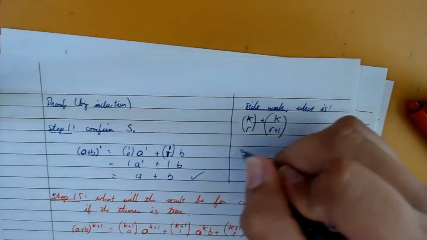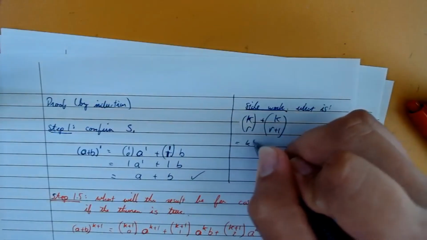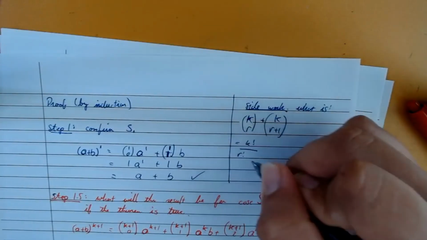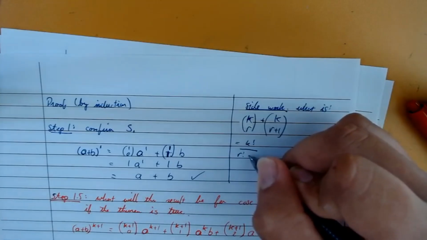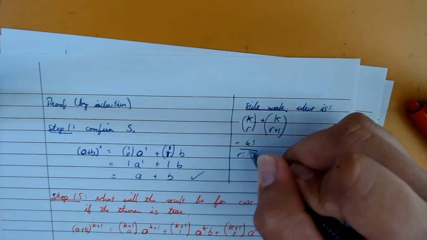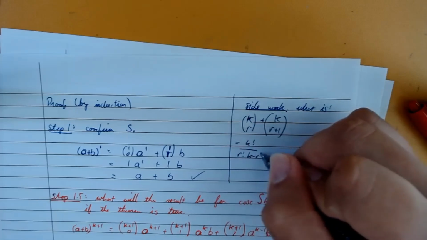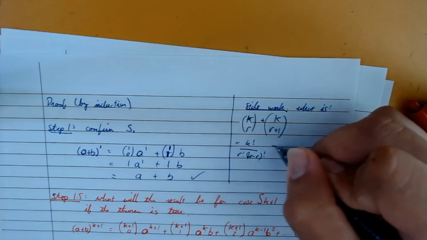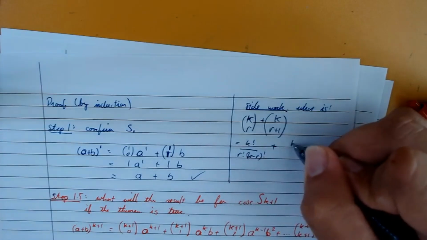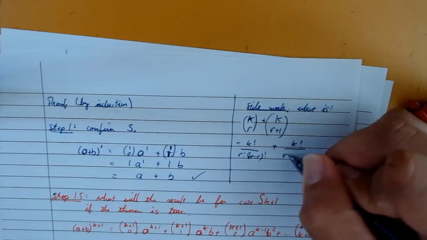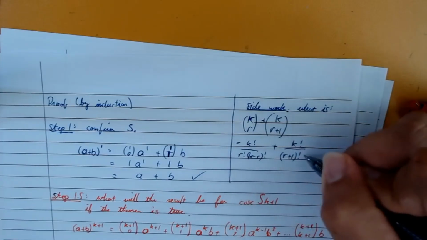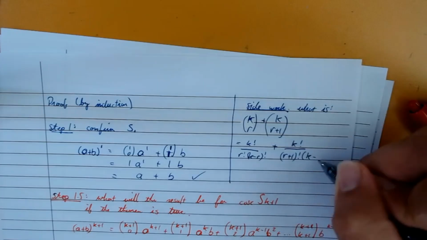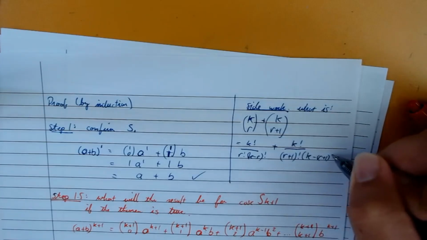We have definitions for these. This is going to be k factorial over r factorial times, let's see here, times k minus r factorial plus, and this is going to be k factorial over r plus 1 factorial times k minus r minus 1 factorial.